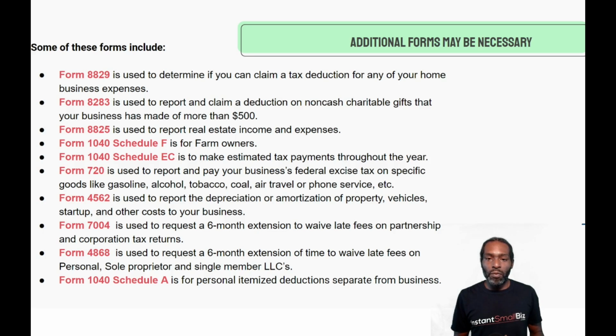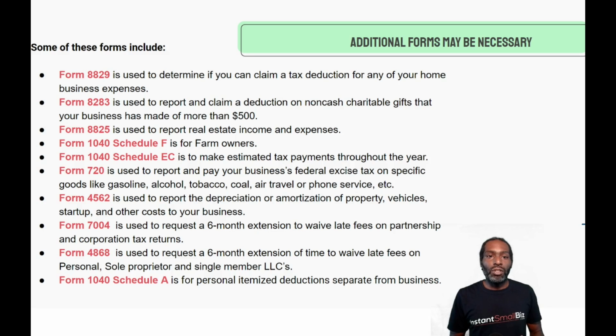In some of our other courses, students have set up LLCs to purchase property. Once you start making money and have income and expenses on that property under the LLC, you'll use Form 8825 to calculate and file that information.